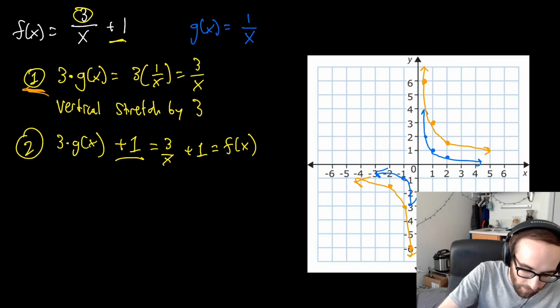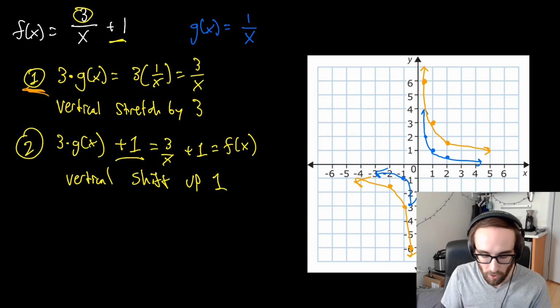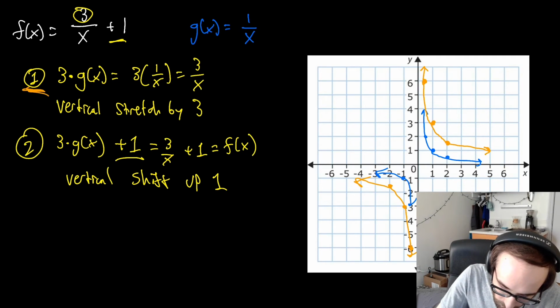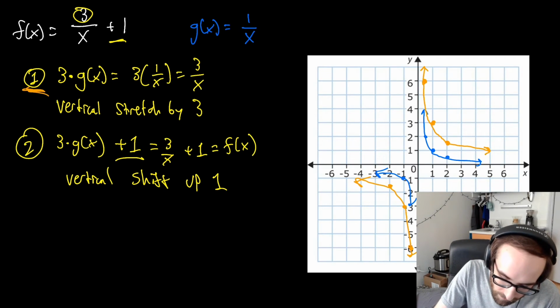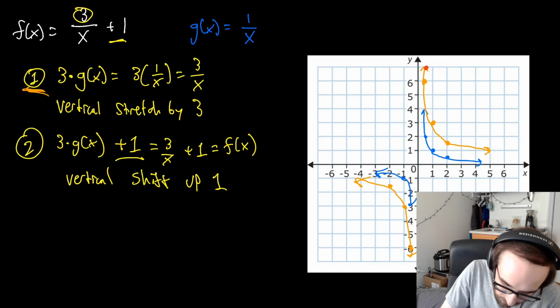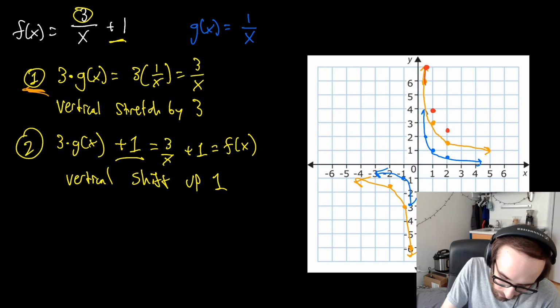So here we have a vertical shift up 1. So we take all of our y values, move them up by 1. So we end up with (0.5, 7) on our graph, and I'll graph this in red. (0.5, 7), (1, 4), (2, 2.5), and so on.